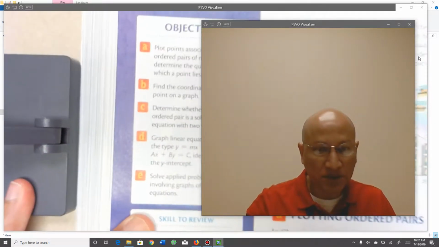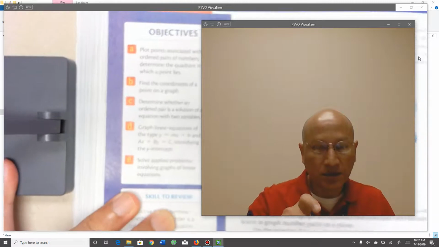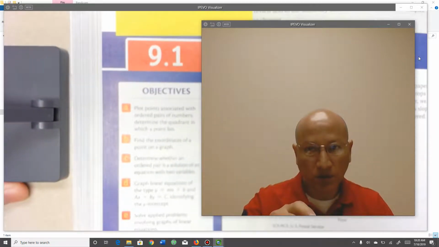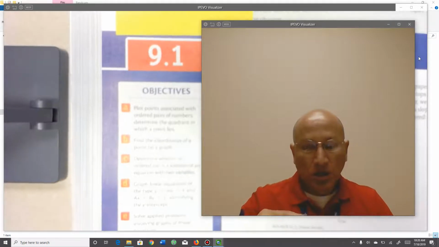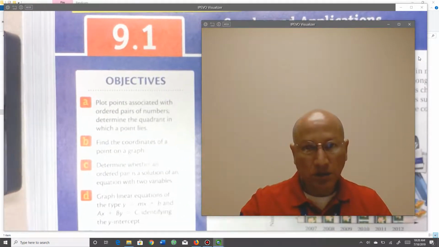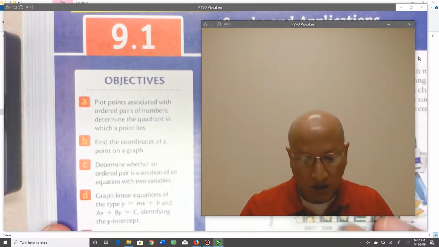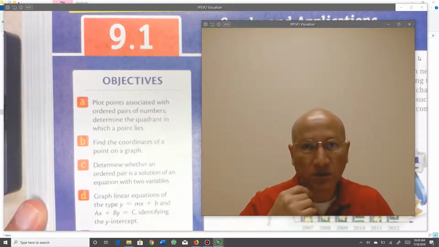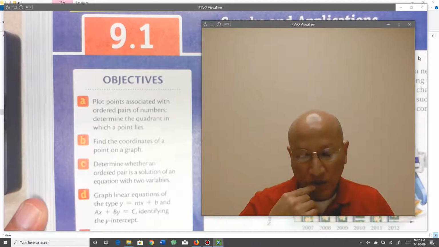The lessons are going to go from the book, by the book, because in this way, well, you already bought the software, so we might as well use it.